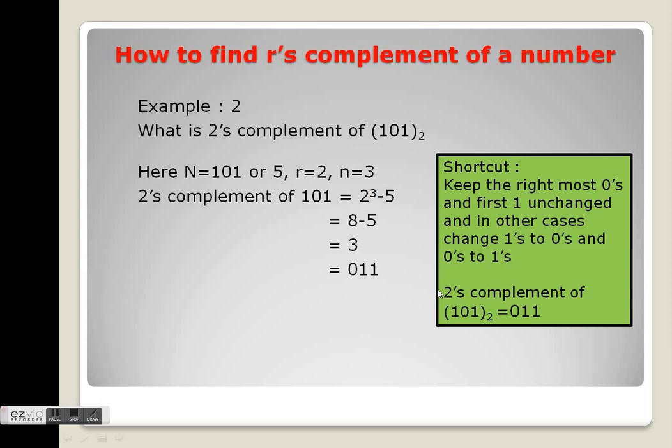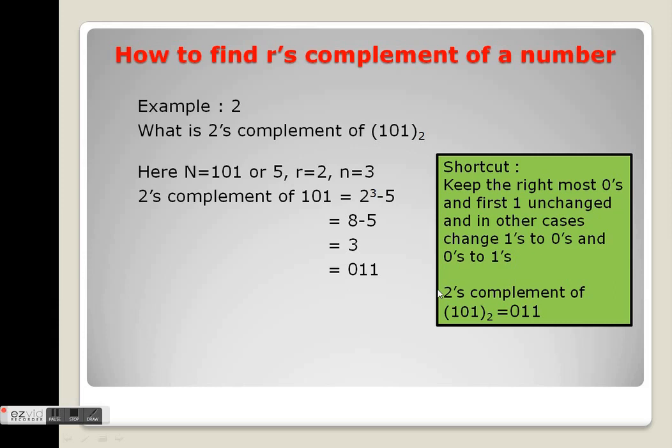Students, we can also use a shortcut to find the two's complement. The shortcut is: keep the rightmost zeros as they are, keep the first one unchanged, and change the rest of the digits from ones to zeros and from zeros to ones. In our example, the number is 101.